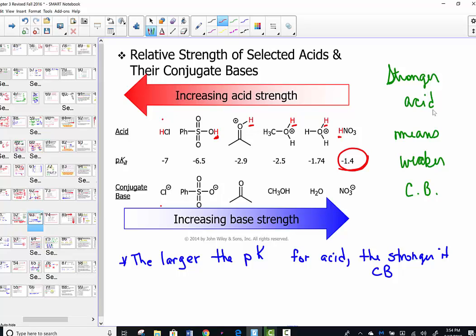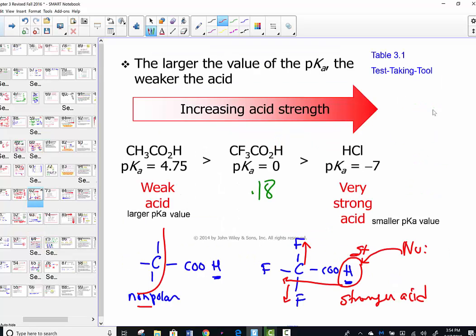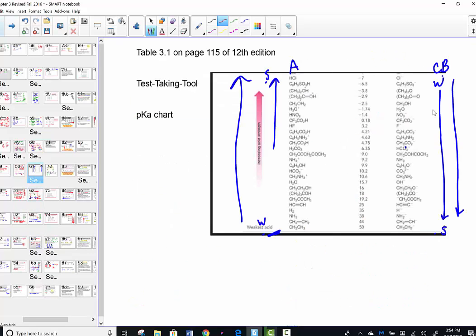So keeping in mind the trend, it's the same chart from a moment ago, but in the opposite direction. If I'm saying strong acid, you know its conjugate is weak. If I say weak acid, you know that its conjugate is strong. But instead of up and down arrows, we're now looking at these slides in terms of left and right arrows.